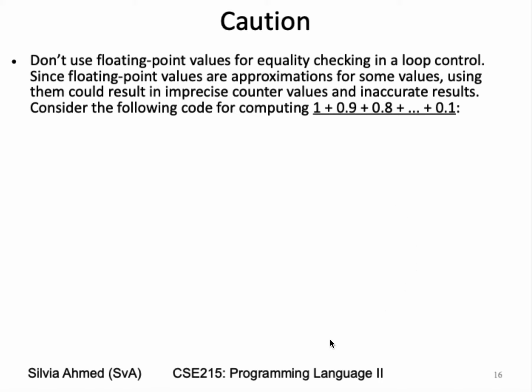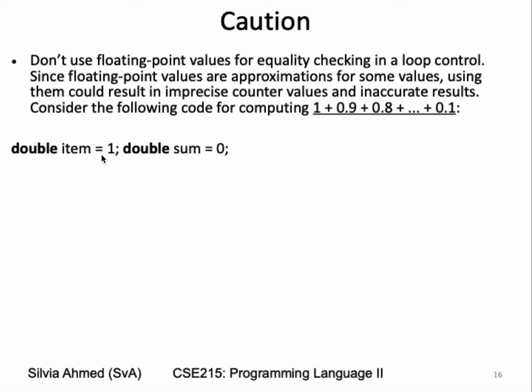In the next program, the code is computing 1 plus 0.9 plus 0.8 and so on up to 0.1, that means it is adding the values from 1 till 0, every time decrementing by 0.1.